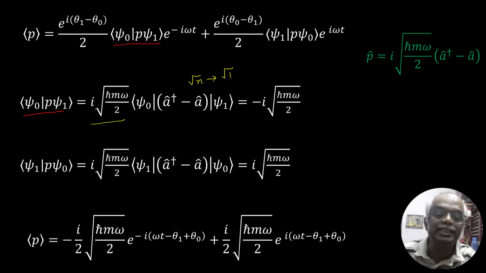When a acts on psi 1, it becomes psi naught. Here you have a negative sign. The inner product of psi naught with psi naught is 1, and of course you have the negative sign, minus. The square root is also 1, so don't worry about it. As a result, you will get minus i square root of h cross m omega over 2, because this minus comes from here. Remember that when a dagger acts on psi 1, it raises the energy by 1, that is it will become psi 2.